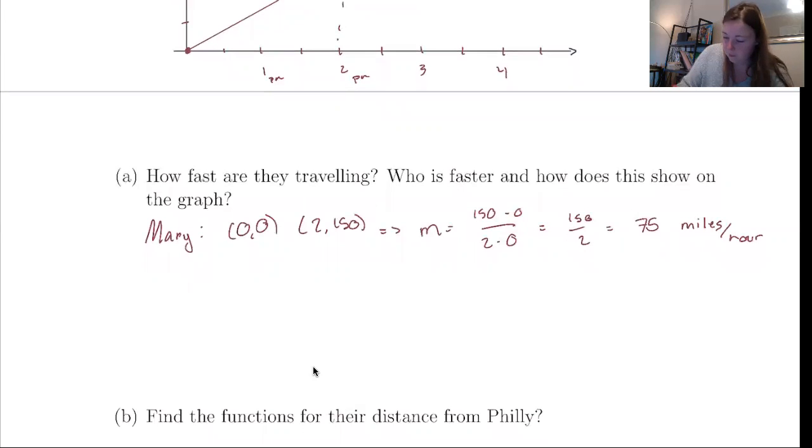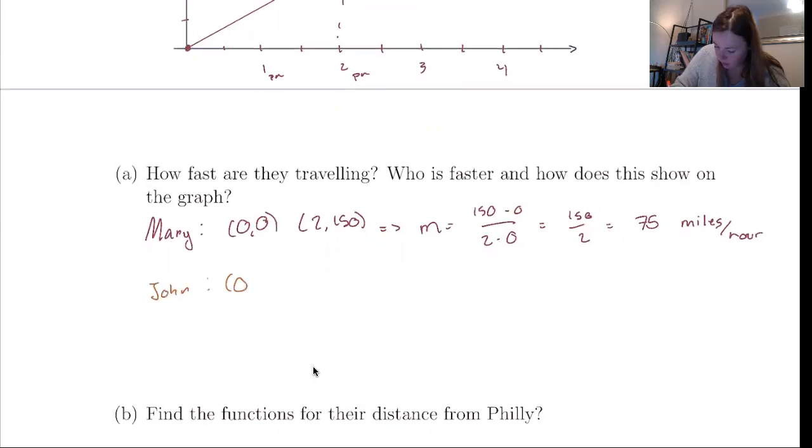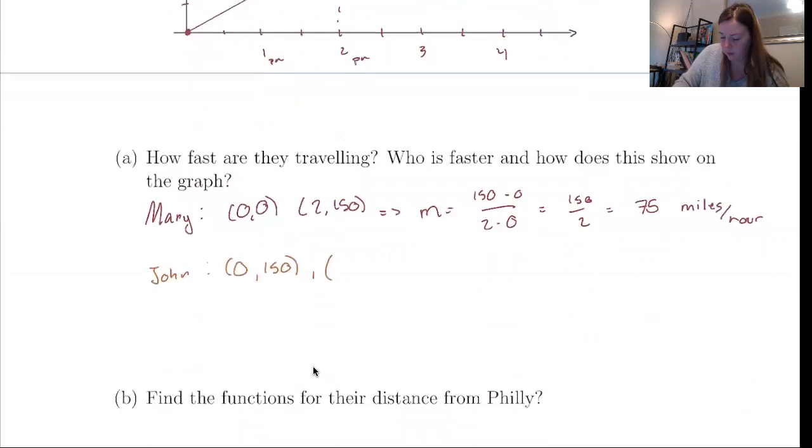What about John? John started out in the suburbs. So his initial condition, he started 150 miles away. Okay, that's more than the suburbs, but you understand. And then at 2 hours, he's about 250 miles away.